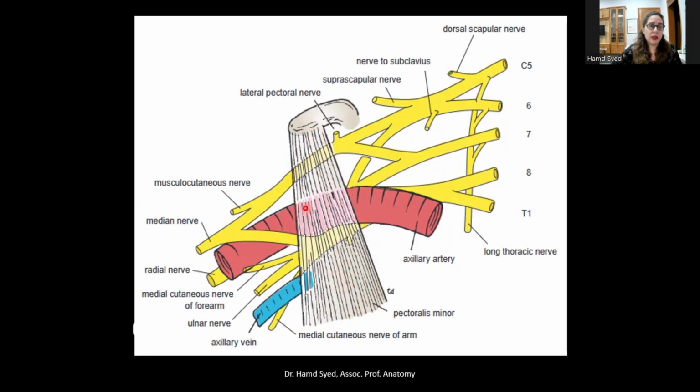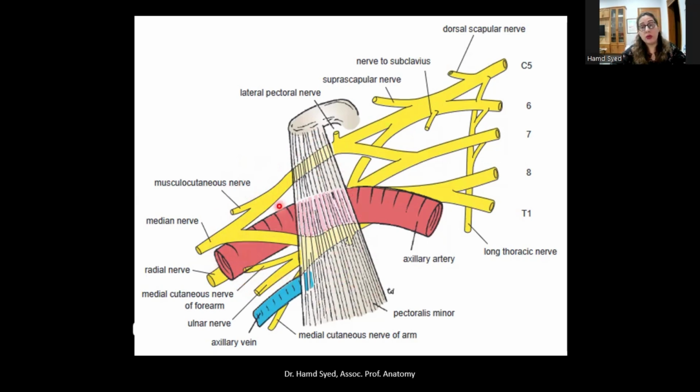Also, you can see over here comes the next part of the brachial plexus, which is the major branches of the cords. The major branches are the musculocutaneous nerve, the median nerve, the radial nerve, the ulnar nerve, and also the axillary nerve.